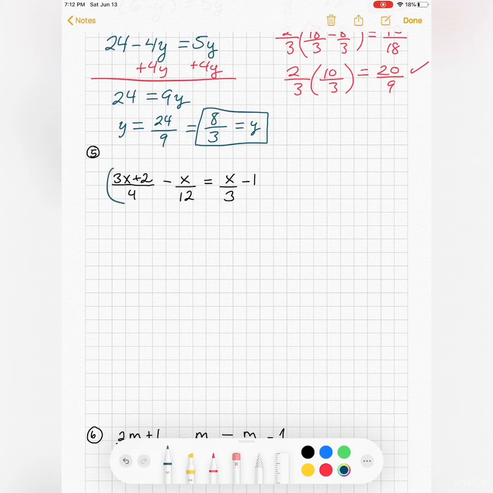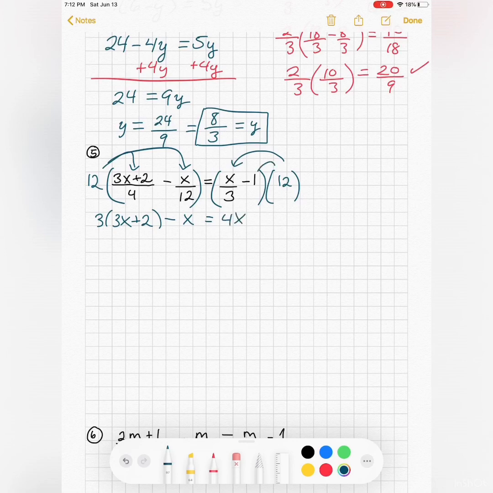All right, the LCD here would be 12. 12 divided by 4 is 3. 12 divided by 12 is 1. 12 divided by 3 is 4. And 12.